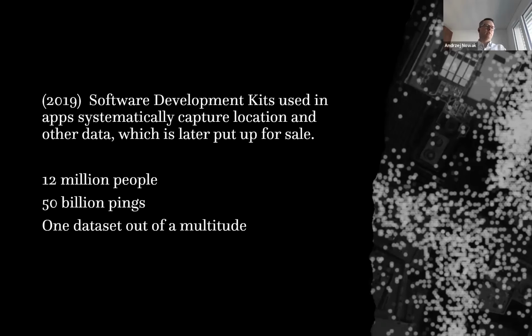And there were news organizations such as the New York Times that have investigated this, and they legally purchased a data set that was supposed to be anonymized. And they found that the data set concerned 12 million people and 50 billion pings or data points about those people. And that would be just one tiny data set out of a multitude of data sets.